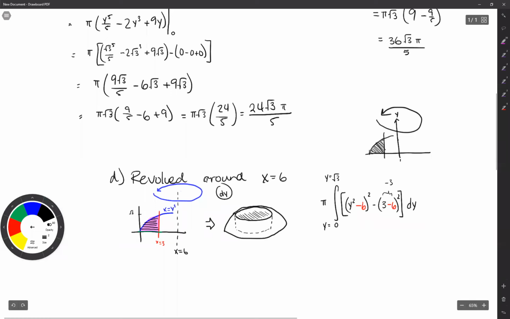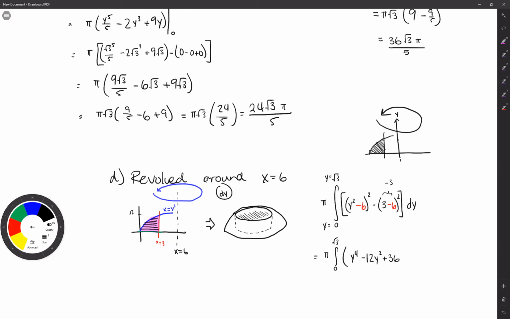Okay. Anyways, after you set this up like this, it's just standard stuff. 0 to the square root of 3. Okay, so I'm going to run through this kind of fast. That's going to be y to the 4th minus 12y squared, right, because that's -6. Plus 36.